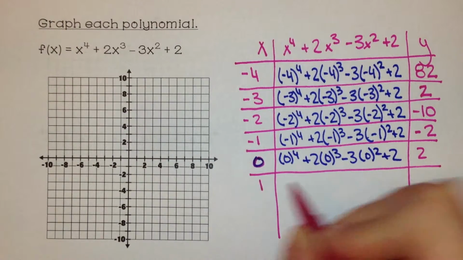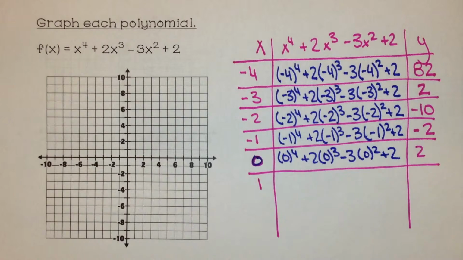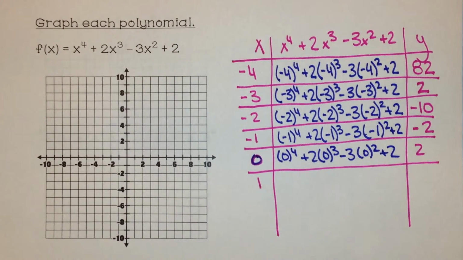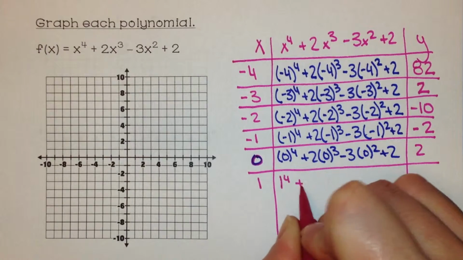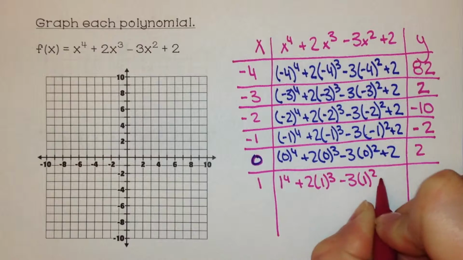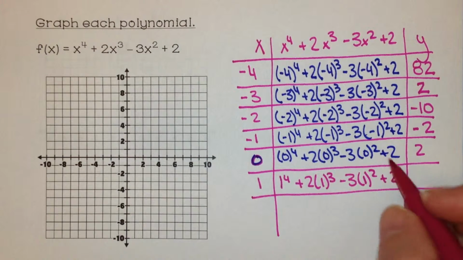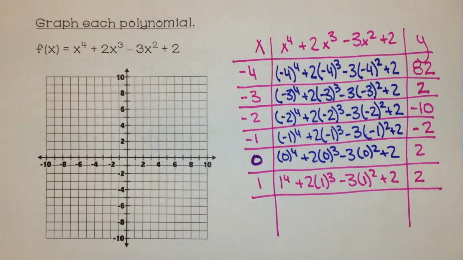So I'm going to plug in 1. Now again, I'm going to see as I increase in values if any go off the coordinate grid, and then I can stop plugging values in. So I have 1 to the 4th plus 2 times 1 cubed minus 3 times 1 squared plus 2. And this, I got an answer of 2.